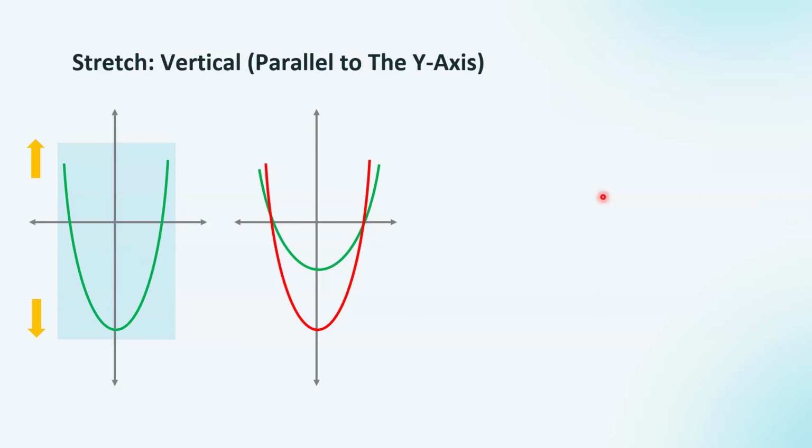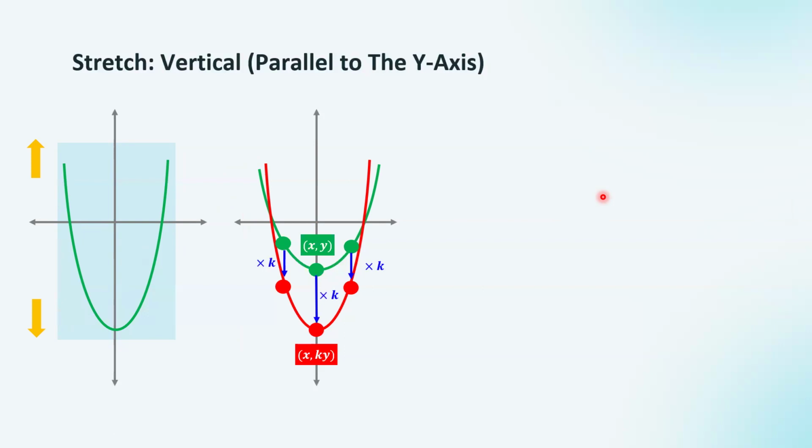Now, let's say that the points in the original function are (x, y), and then the points in the transformed function are going to be (x, ky). So basically, when you stretch or compress something, it's going to be by a factor of k. So every point is going to be multiplied by a factor of k.